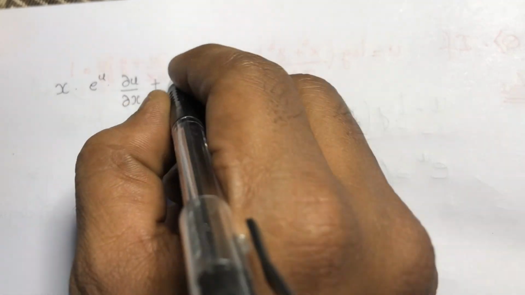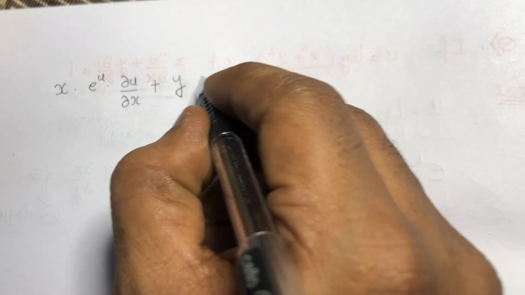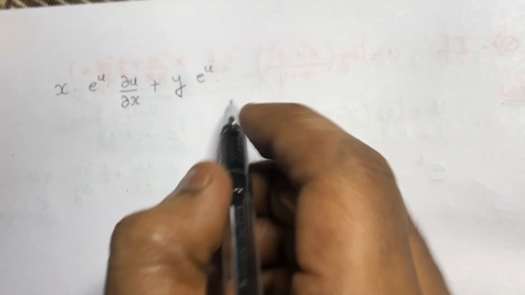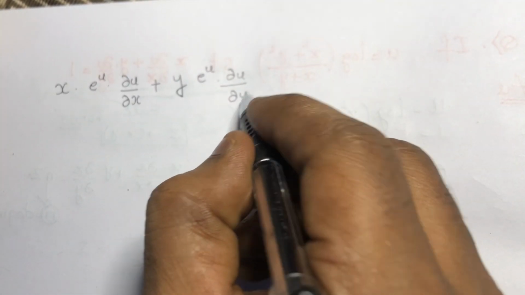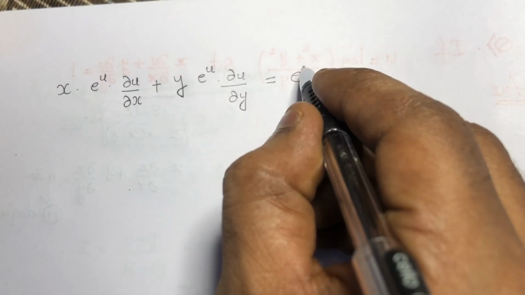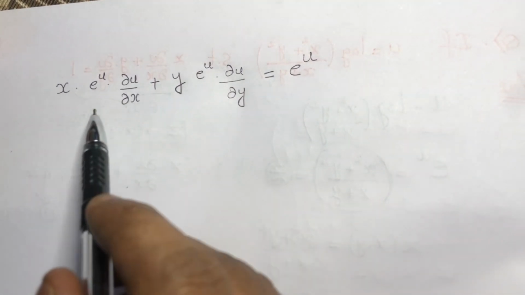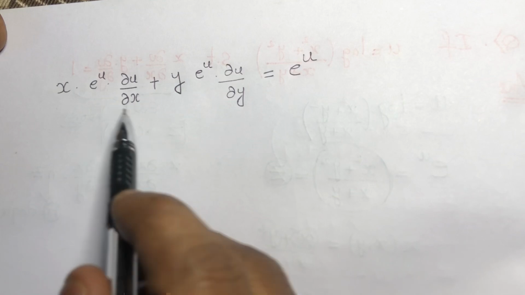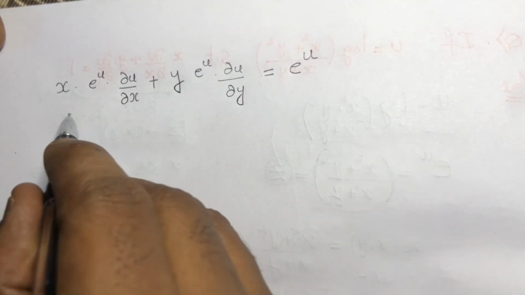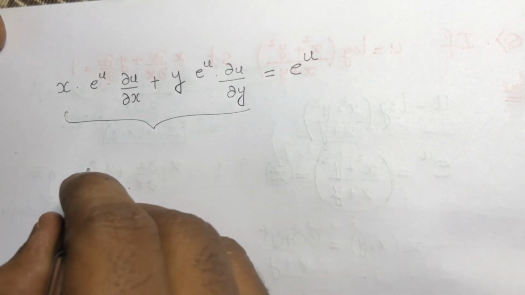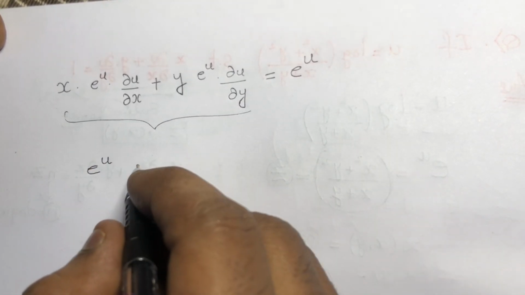Now I got x into e power u into dou u by dou x plus y into e power u into dou u by dou y is equal to e power u. So according to Euler's theorem, I got this equation. If you observe this equation, I can take e power u as common from this side.